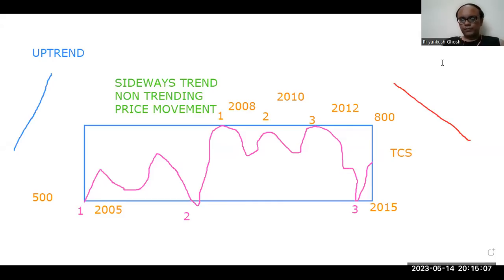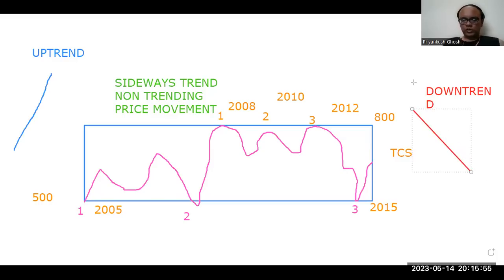This is called a downtrend. Let me draw this.